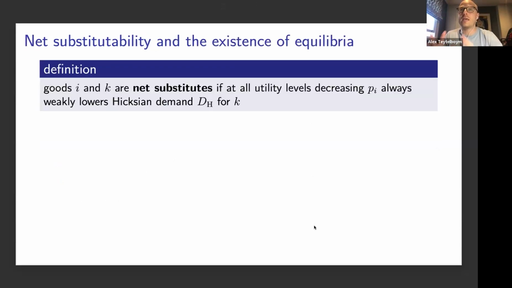Whenever economists impose a condition on Hicksian demand, on the dual objective, they add the qualifier net or compensated. Why? Because when prices change, you're being compensated for the losses that you might have incurred. So we would say that goods are net substitutes if, at all utility levels, decreasing the price of one good only weakly lowers Hicksian demand for another good.